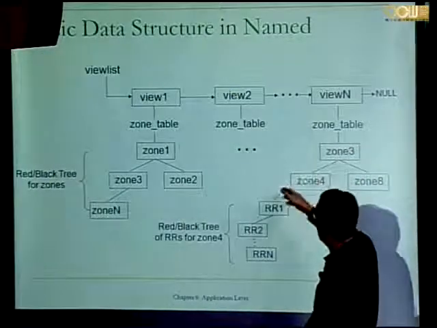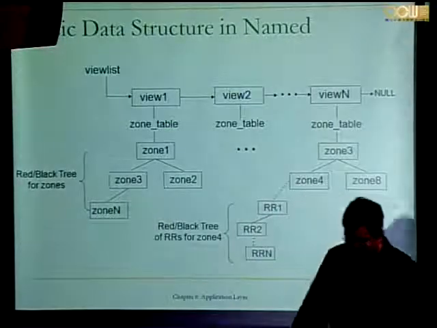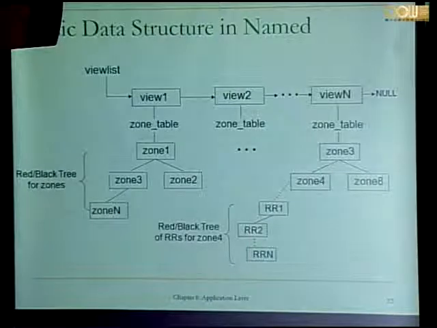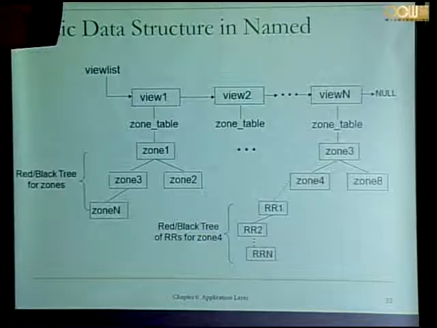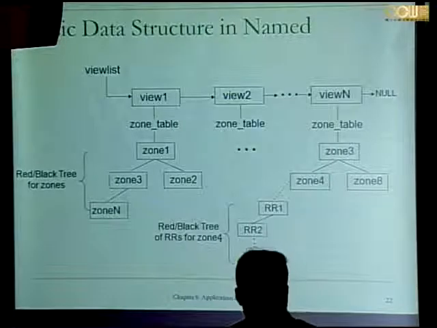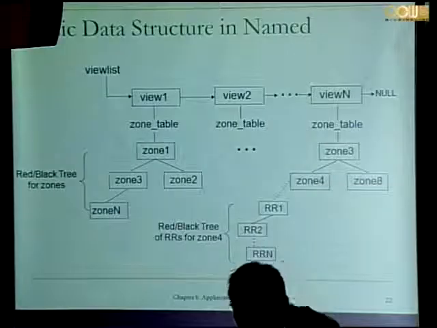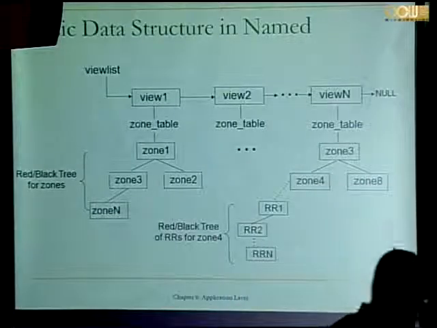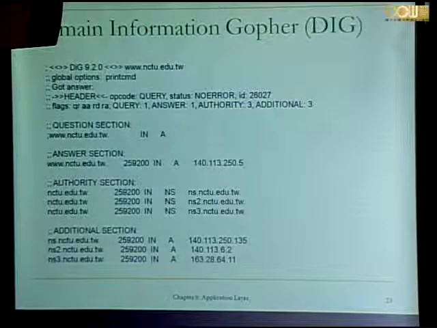For a particular zone, the resource records are organized into a tree so that you could search just like searching a tree. So now the resource records are in memory. If you want to look up in processing a query, you can just traverse the linked list and then traverse the tree to find the resource record you need, and then pass it back to the query initiator.